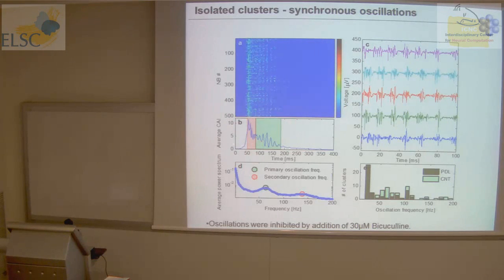This profile is characterized, again, by this fast onset and the gradual decay, but on top of that, there is a clear oscillatory activity. Now, if you look at the frequencies, in this case, it corresponds to about 60 hertz.